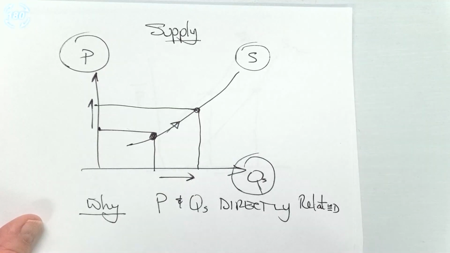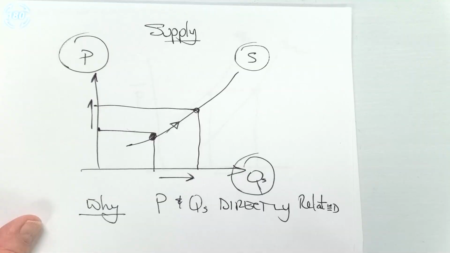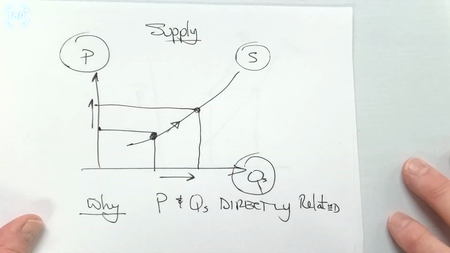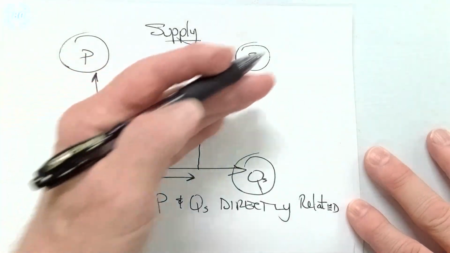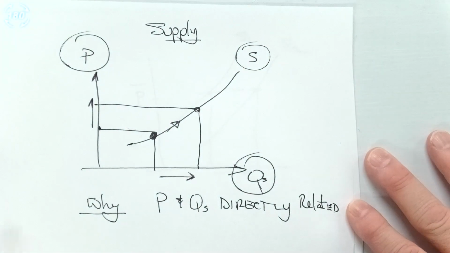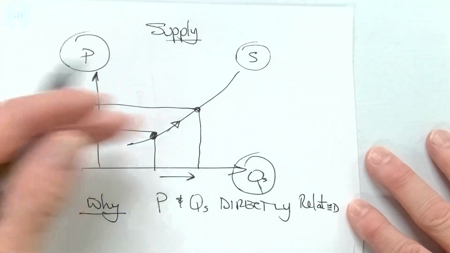Well, you are going to be inclined to plant wheat, right? I mean, higher prices incline people to bring to market. Now, there's a little more to it than that, but that's kind of the common sense, gut level explanation for why the supply curve slopes upward. Suppliers have to be rewarded, though, with a higher price to bring more to market.